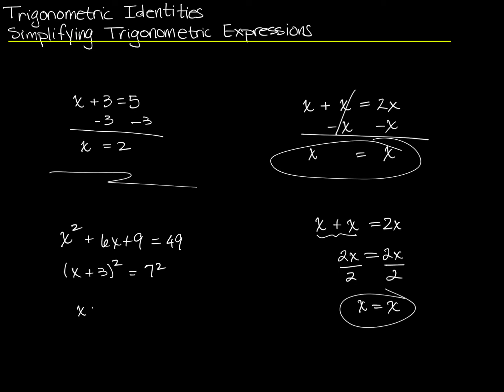If I take the square root of both sides, I get, now I should do a plus or a minus, but I'm just trying to make a point here, so I'm going to go with the positive. If I subtract 3 from both sides, I get x equals 4. One solution. So this equation here only has one solution, so it is not an identity. This one is, because no matter how I try to solve it, I end up with a statement x equals x. x is always going to be equal to x. So any number x will do.